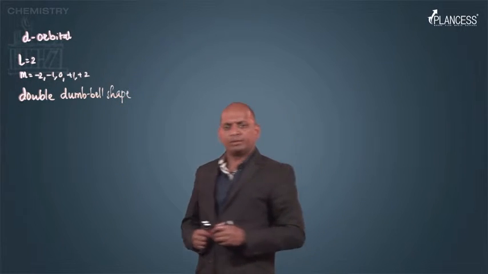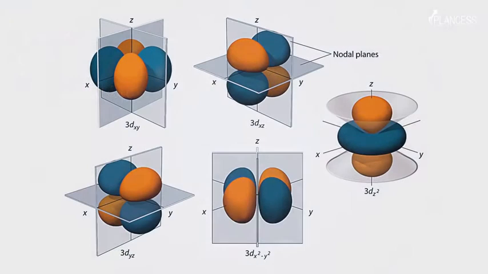And those orbitals are dxy, which is the first orbital, then we have dyz, then dxz. So these are the three orbitals which are lying between the axes, and 2 orbitals, that is dx square minus y square and dz square.